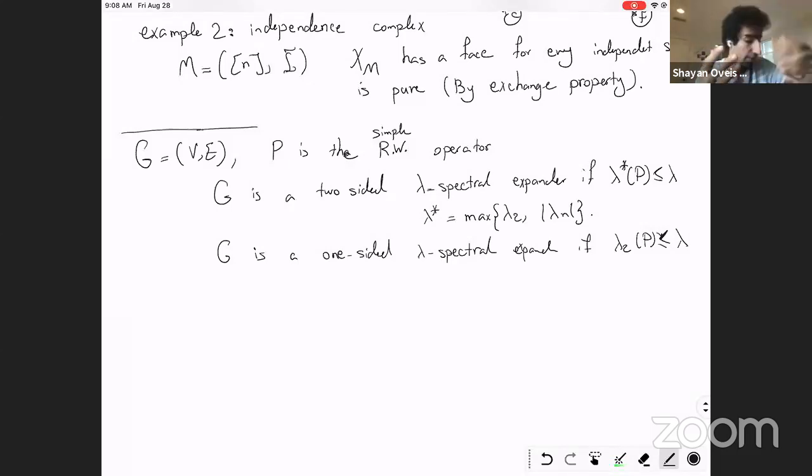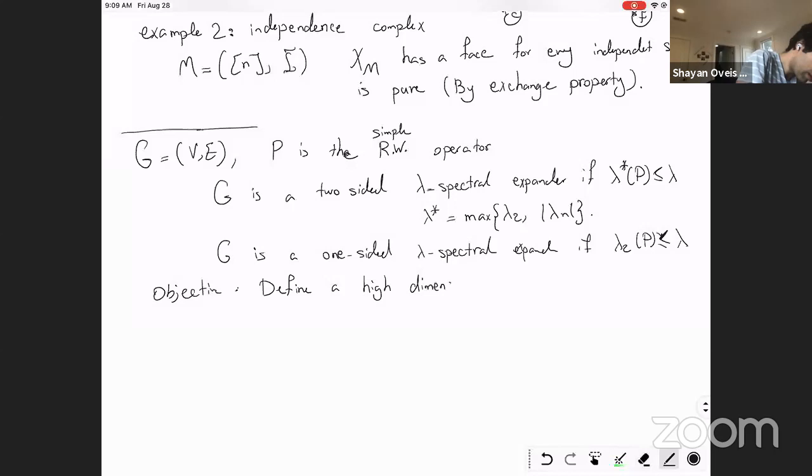Every set of vertices has about a constant fraction of edges going outside and so on. So the objective that we have here is to define a high dimensional spectral expander.